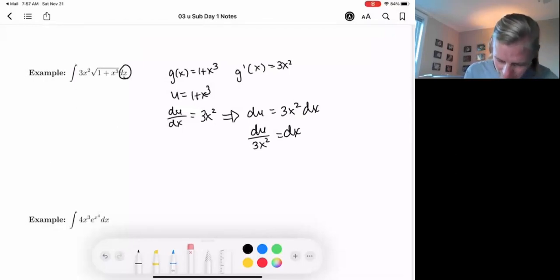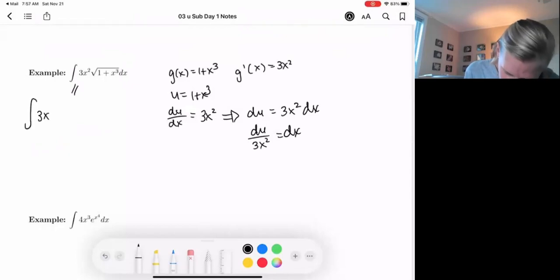Now I'm going to rewrite this integral in terms of u. So I have the integral. The 3x squared will eventually go away. Okay, so we've got our 3x squared. Then we're going to have a square root of u, and my dx is du over 3x squared.